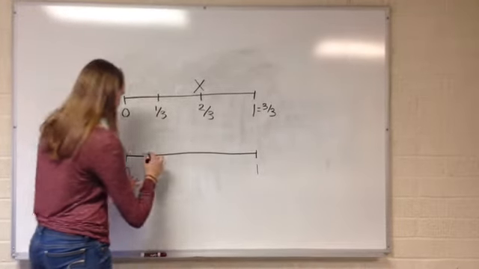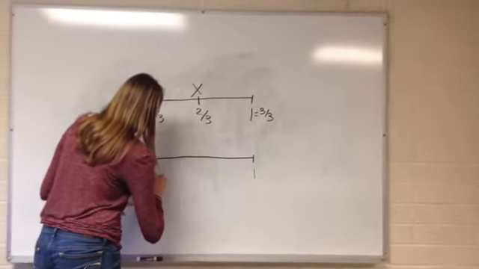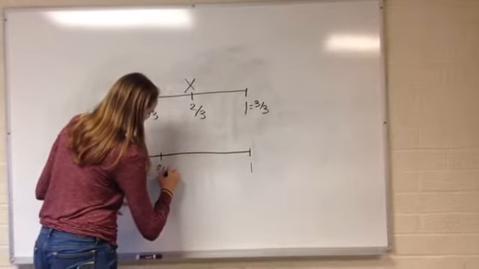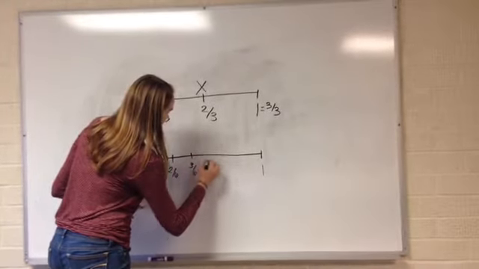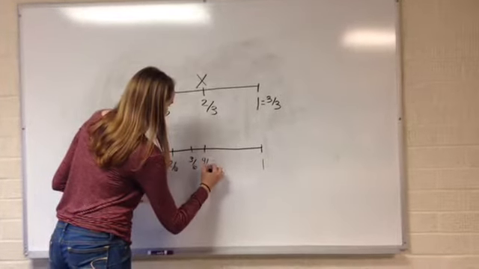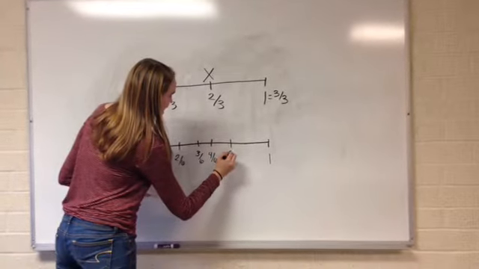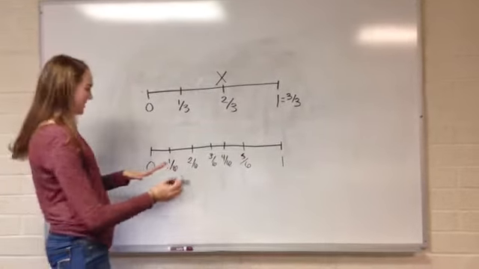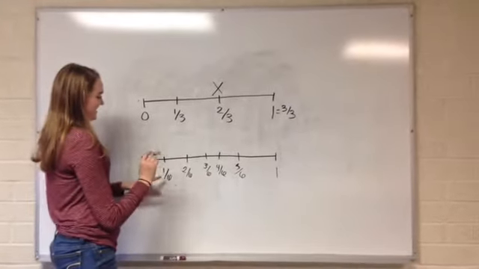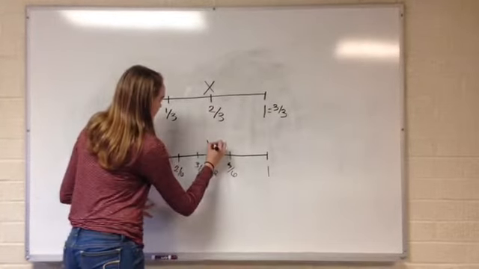So if we break it up into 6, this will be 1/6, 2/6, 3/6, 4/6, and 5/6. So now we have 2/3 equal to 4/6.